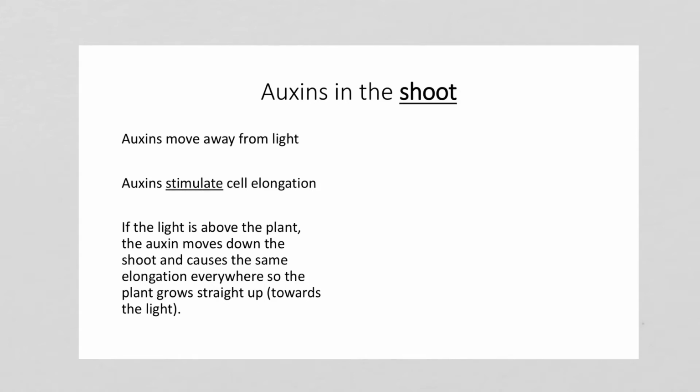If we have, let's draw a lovely picture here. This is a lamp, obviously, but I'll write the word lamp just in case we're not sure. And I'm going to have my shoot down here. If we have the lamp directly above the shoot, so there's the light coming down, my auxins I'm going to draw as little red spots.